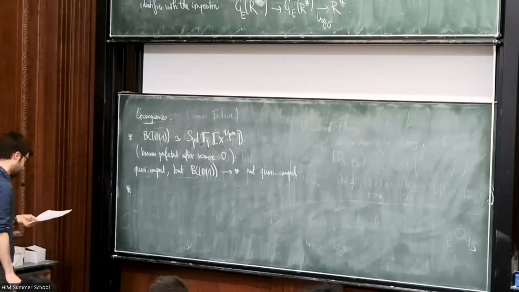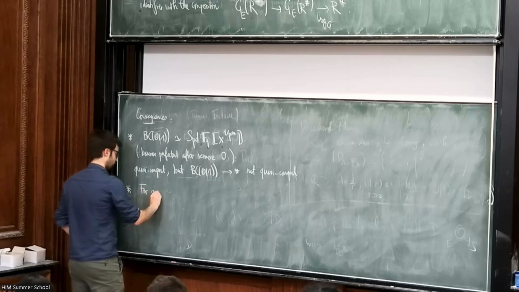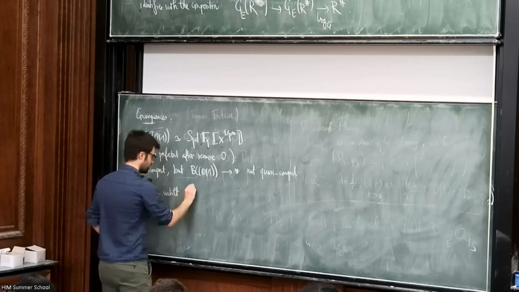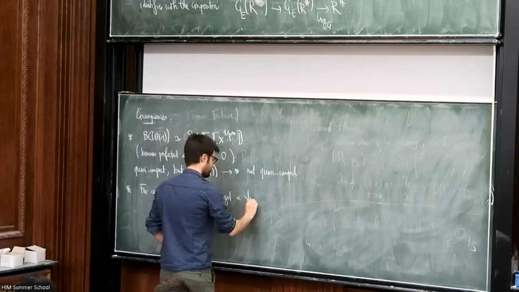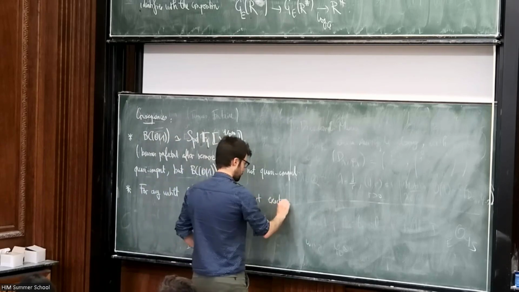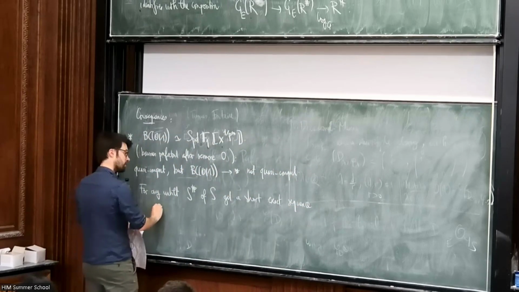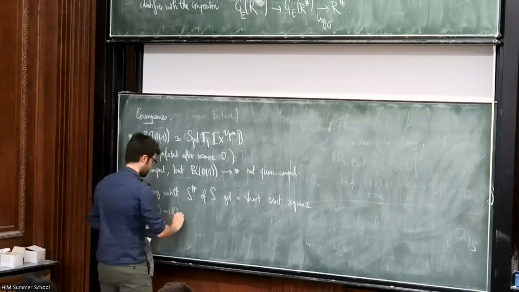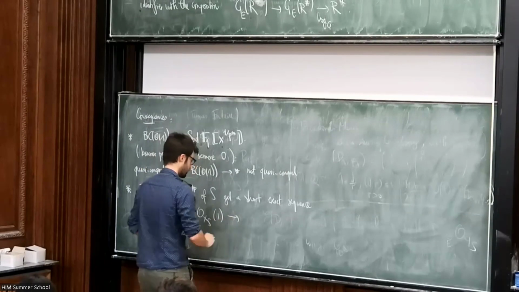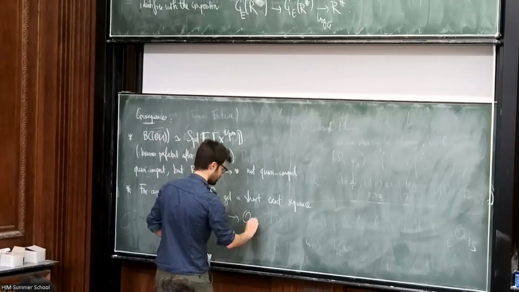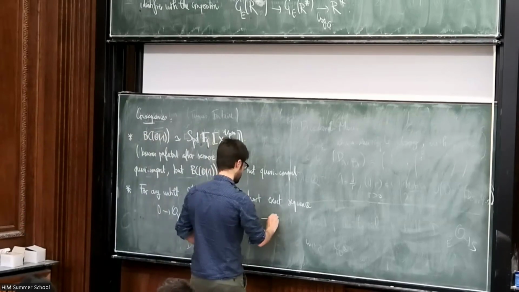And something else you can deduce from this is that for any untilt S sharp of S, you get a short exact sequence of vector bundles: zero goes to the structure sheaf on the Fargues-Fontaine curve, goes to O1, goes to the skyscraper sheaf supported along the corresponding closed Cartier divisor defined by S sharp, goes to 0.